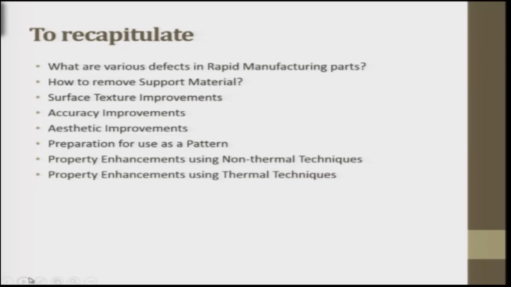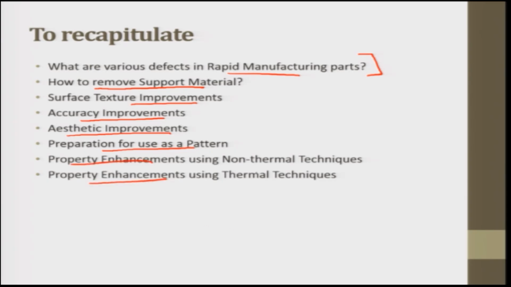Then to recapitulate, we saw the various defects in rapid manufactured parts, how we remove support material, then surface texture improvement concerns, then accuracy improvement concerns where we saw machining and other strategies, then aesthetic improvement, then preparation of the parts to be used as a pattern. Then we saw the property enhancement using the non-thermal techniques and thermal techniques.